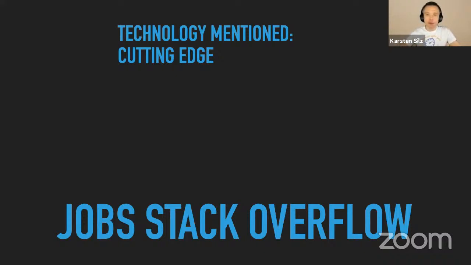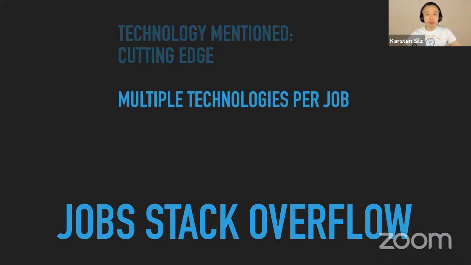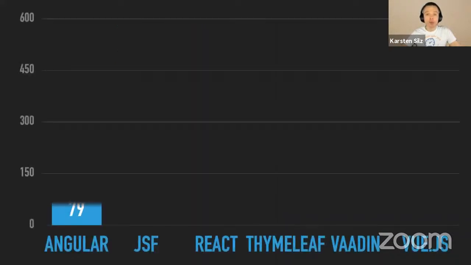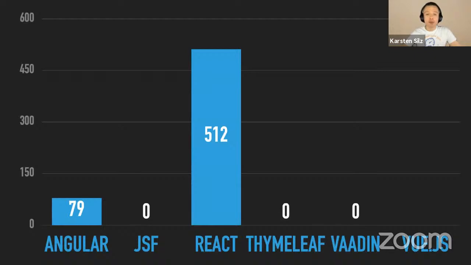So you often find Xamarin and React Native mentioned, or Vue, Angular, and React all mentioned at the same time. Now, jobs at Stack Overflow is more cutting edge. And as I said, multiple technologies can apply per job. So what do we find? All of the data that I show today I gathered earlier today, so it's as fresh as can be.